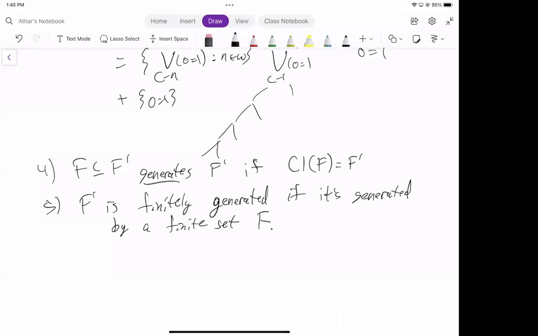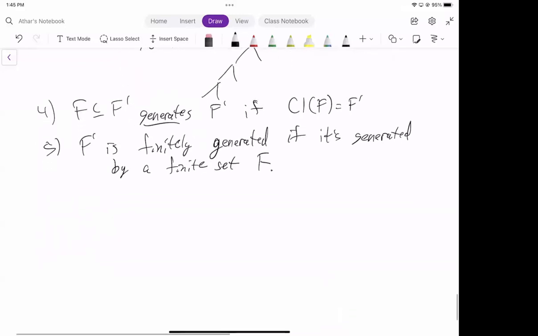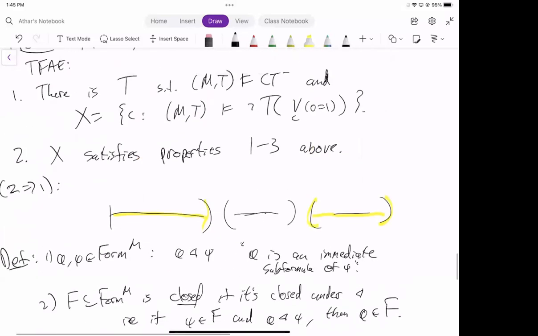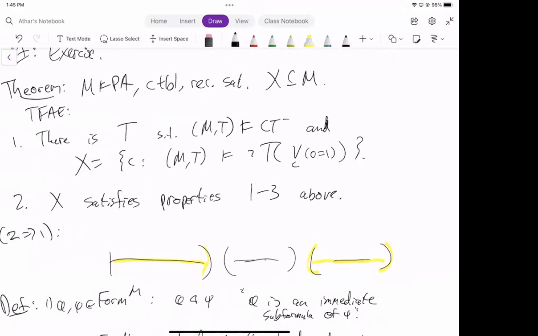Yeah. Okay. So this is again the 2 implies 1 direction. So I'm going to have an X that contains omega, is closed under plus and minus 1, like successors and predecessors, and is separable. Okay.